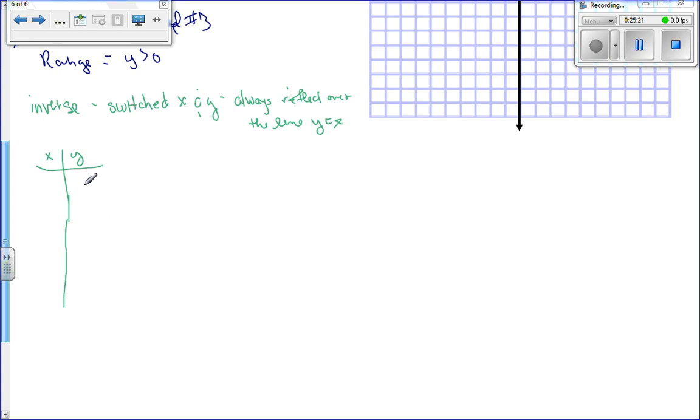So that's negative 2, negative 1, 0, 1, and 2. Now my x's will become 1/4, 1/2, 1, 2, and 4.